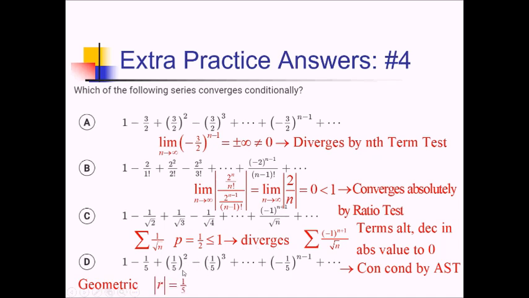Since the absolute value of the common ratio is less than 1, this is going to converge absolutely by the geometric series test. So this won't be the answer either, because you don't need the alternating to make this converge. So then only choice C converges conditionally.